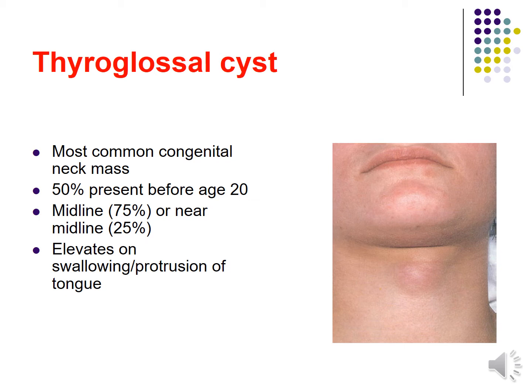So this is the most common congenital swelling. 50% present before 20 years. In 75% of cases it is a midline swelling, and in 25% it is near the midline. And as we have seen, it moves with swallowing and protrusion of the tongue.